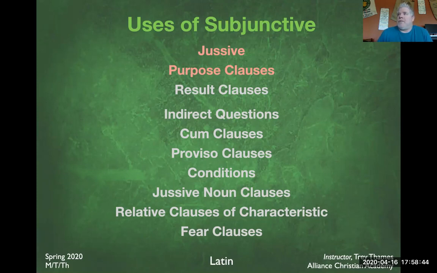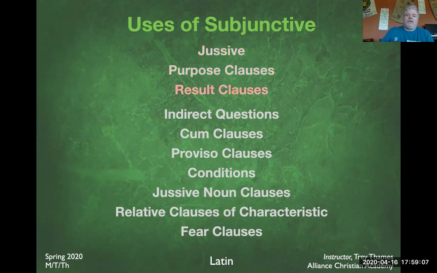In English, a purpose clause is something like, "I studied Latin so that I might do well on my ACTs." The purpose of studying Latin, the main verb here, is so that I might do well on my ACTs. The subjunctive is the second verb in that dependent clause.